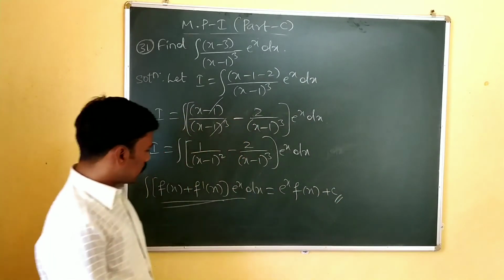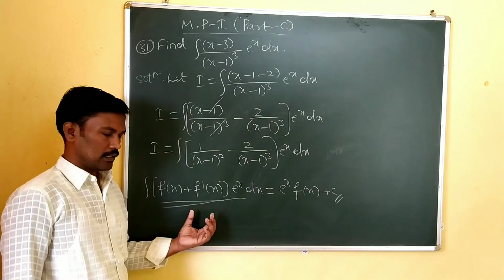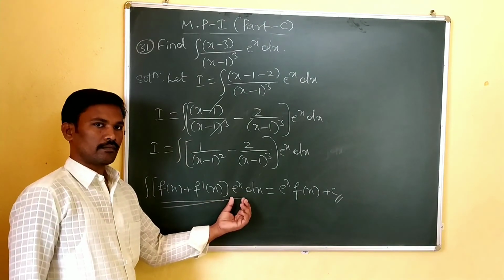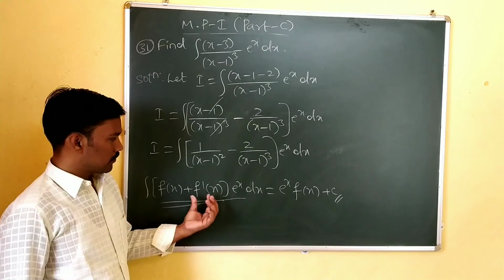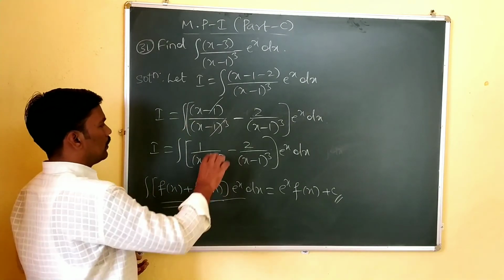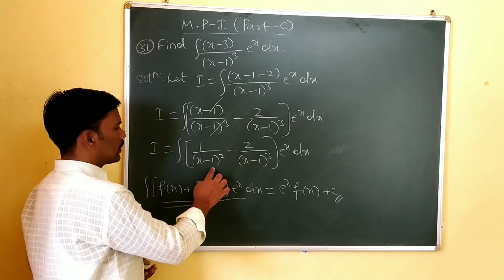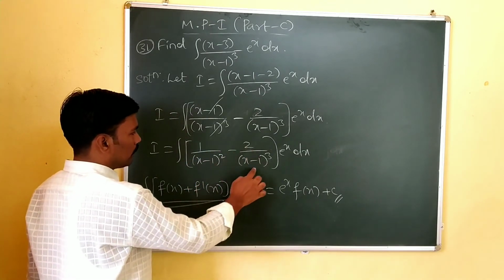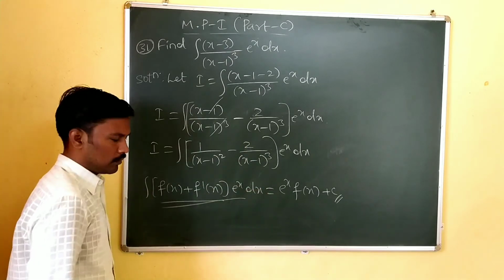This is a standard formula. So if you have the combination of f of x and f dash of x, f dash of x meaning the derivative of f of x, into e to the power of x, it equals this. So here, if I take 1 by (x minus 1) whole square as f of x, definitely its derivative is minus 2 divided by (x minus 1) whole cube.